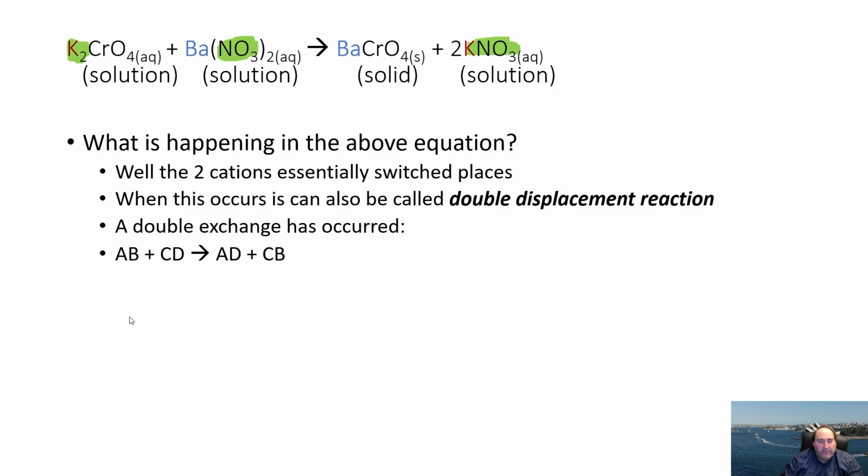And here, our barium, which is positive, will hook up with our chromate, which is negative, to make our barium chromate. Again, that formation of the solid is what's considered a precipitation reaction, which is a more specific classification of a double displacement reaction. Formation of a solid being one of the reasons why a reaction takes place.